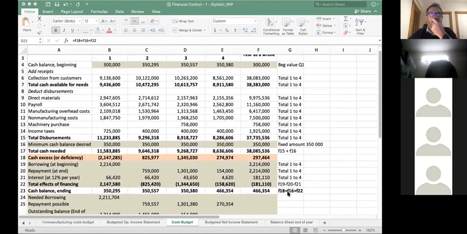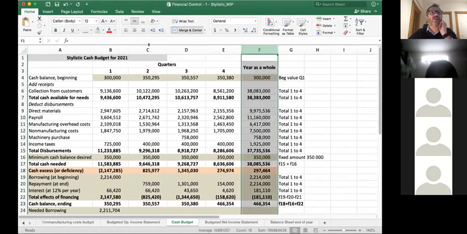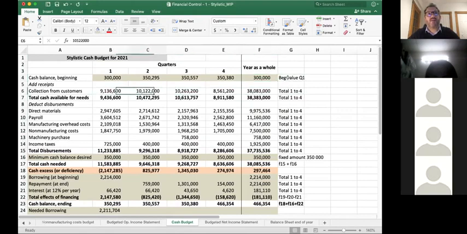Just in case you wonder how the year as a whole has been calculated, I gave some idea. Of course, the amount we have, it's the cash at the beginning, okay? Then we add the 4 quarters for all the other information, okay? Collection, disbursements, okay?